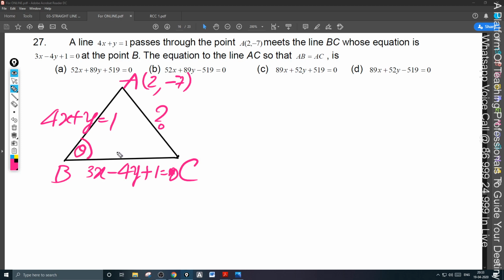If this is theta, this is also theta. Find out this tan theta, and here also tan theta, but its slope is not known to us. Let the slope of this be m. Let us apply the tan theta formula to this, and to this also, and thereby you will get the answer.